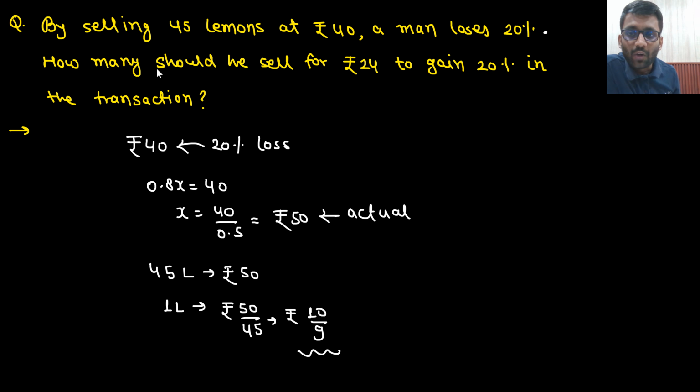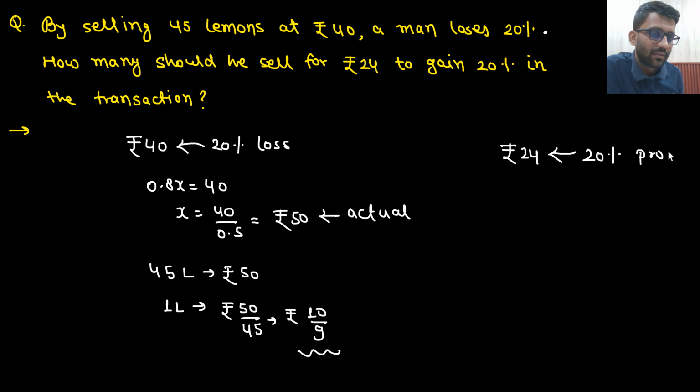Now, how many should he sell for rupees 24 to gain 20% in the transaction? So he is getting 24 rupees after 20% profit. Read the language carefully. How many should he sell for rupees 24 to gain 20% in the transaction?